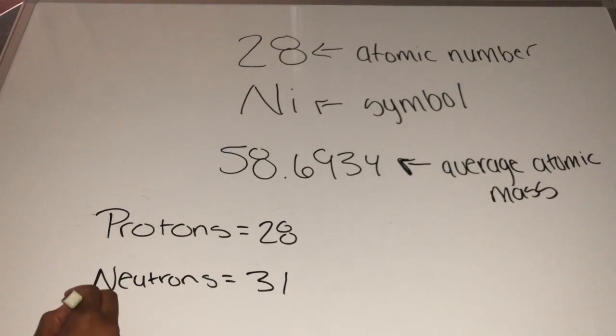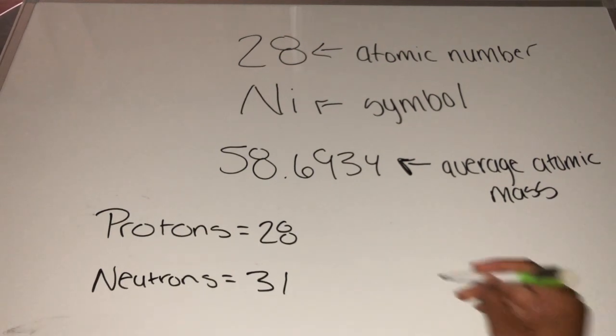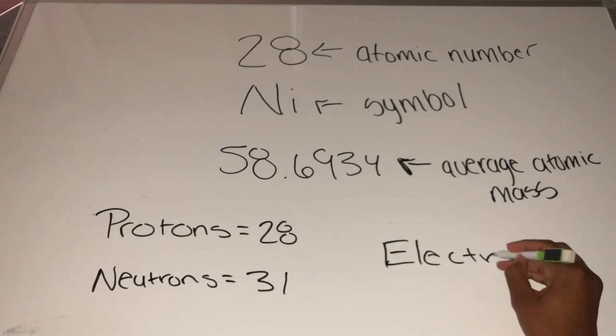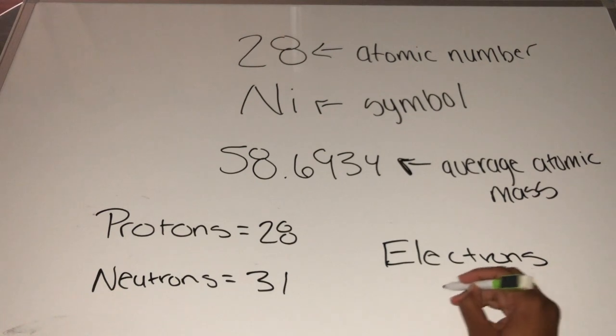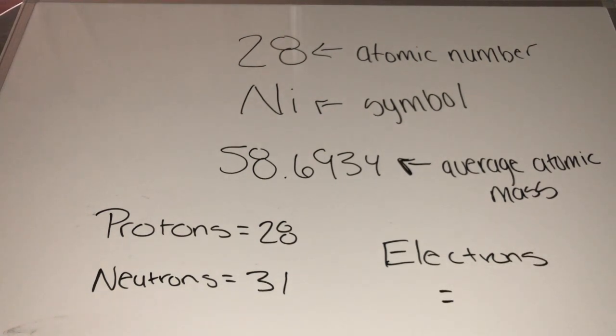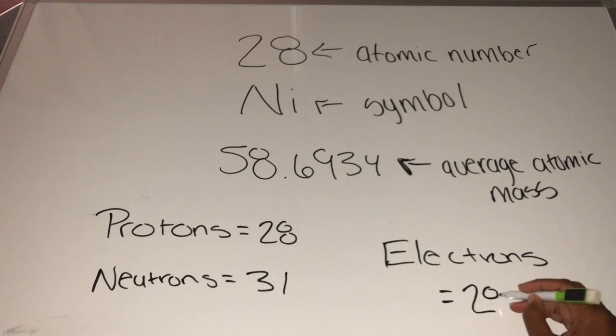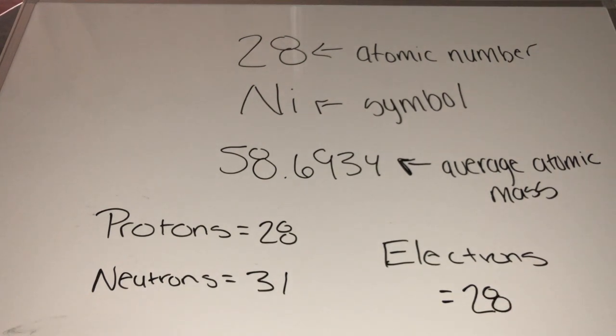And our electrons, let me write it so you can see. Our electrons equals 28 again because it's a neutral element and there's no charge, so a neutral element always equals the number of protons.